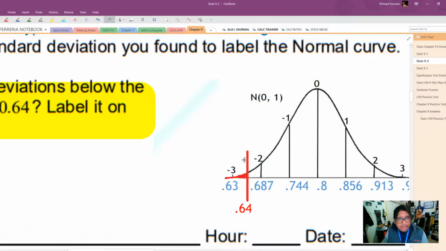If I remember correctly, the area to the left of a z-score of -2 was 0.025. So that area is less than 0.025, meaning our p-value is less than 0.025, which is less than 5%. That's statistically significant.